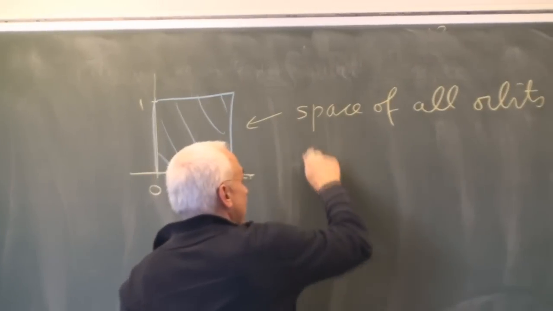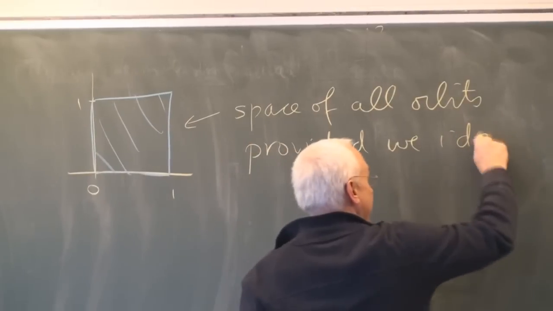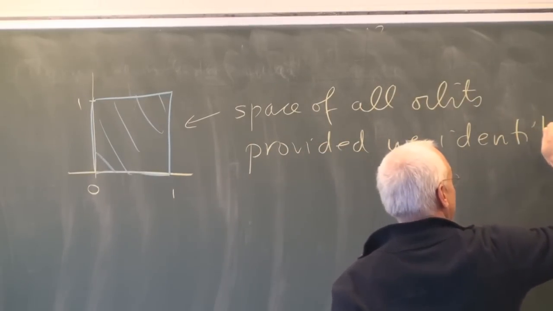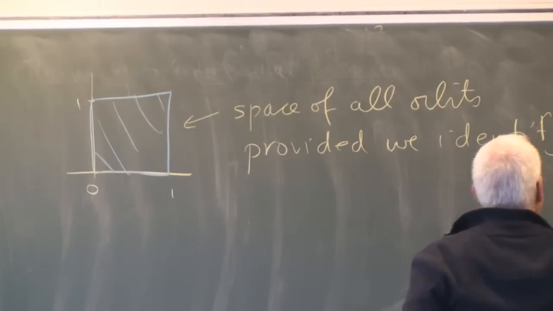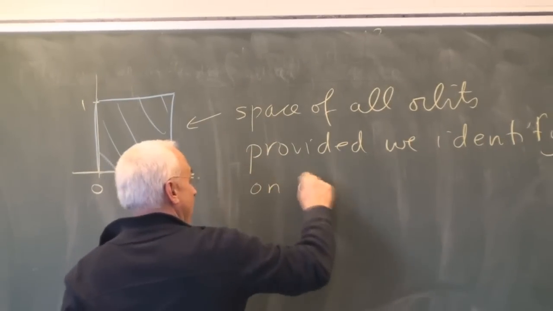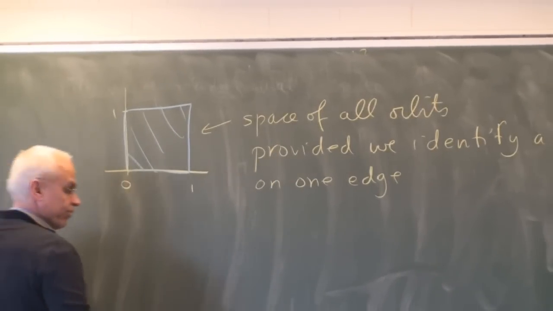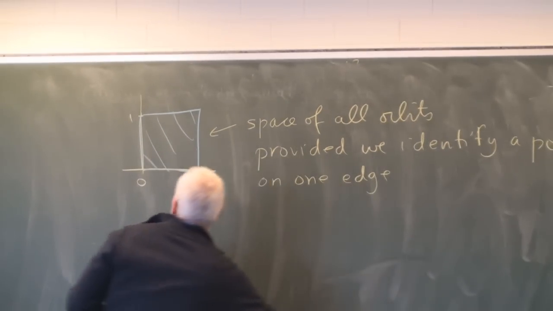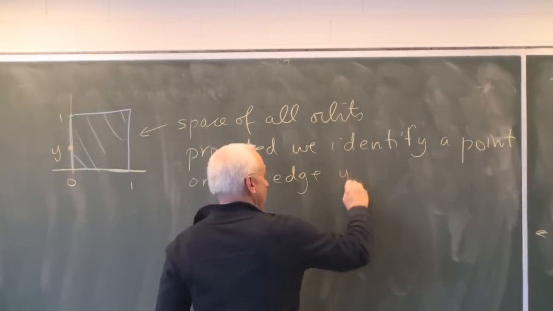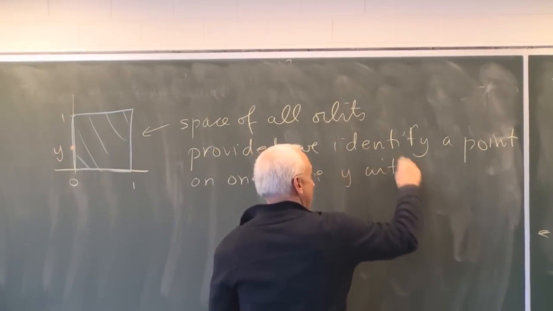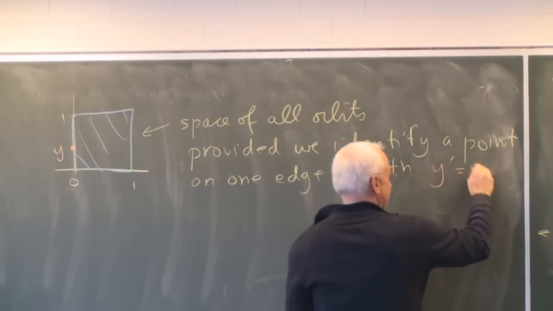So the space of all orbits, provided we identify a point on one edge, say like this point, y, with y prime, which is in this case just tau 1 of y.